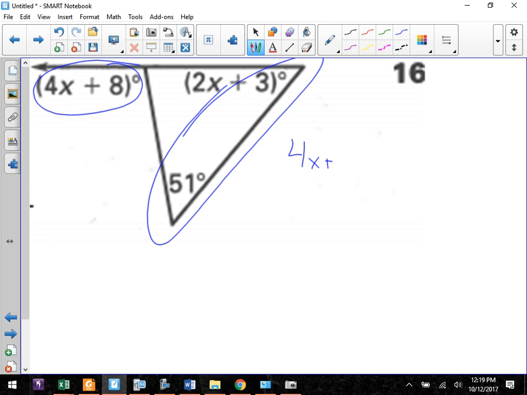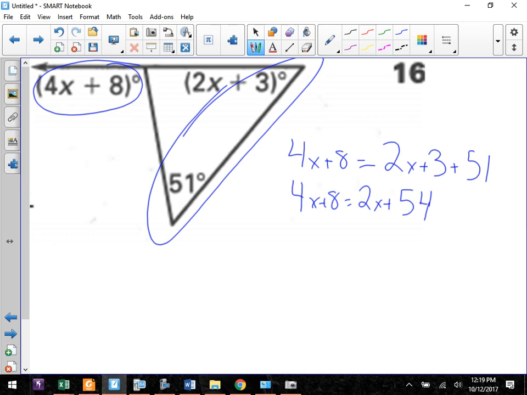Exterior angle equals the sum of the two it does not touch. Again, combine like terms on the one side. We get 4x plus 8 is 2x plus 54.